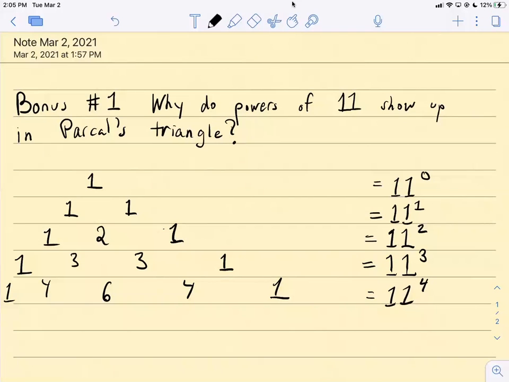So what do you guys think? Is this kind of surprising? Remember how we got these numbers? These numbers all came from combinations. Does anyone have any explanation why this is? Does this pattern always hold true? Is Pascal's triangle just to do with powers of 11? What do you guys think? Any theories, any ideas?